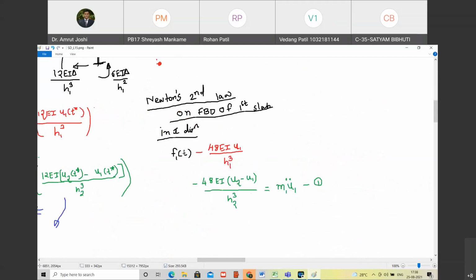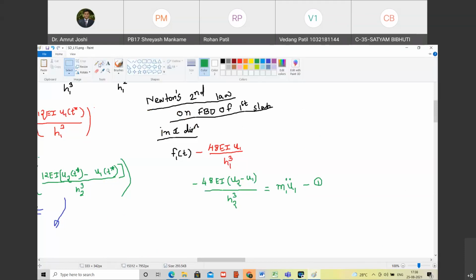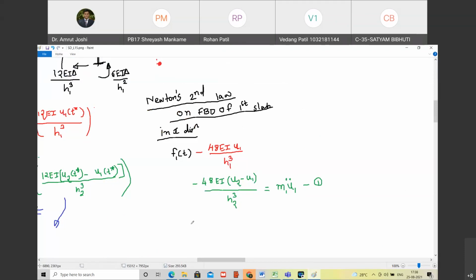I am going to take all the terms which are only functions of time on the right hand side, and all the terms which are functions of u1, u1 dot and u1 double dot on one side. So ये करने के बाद इसी इक्वेशन का रूप क्या होगा, बताओ मुझे? So I have m1 u1 double dot. Do you agree with me? Are you with me? Yes, sir.